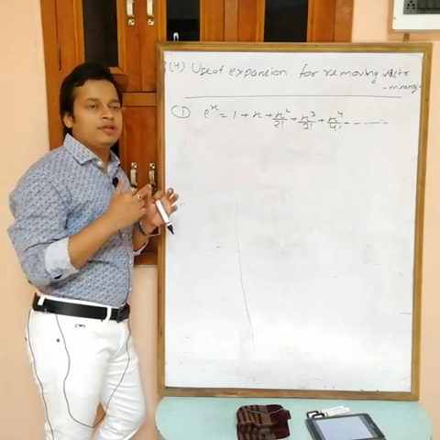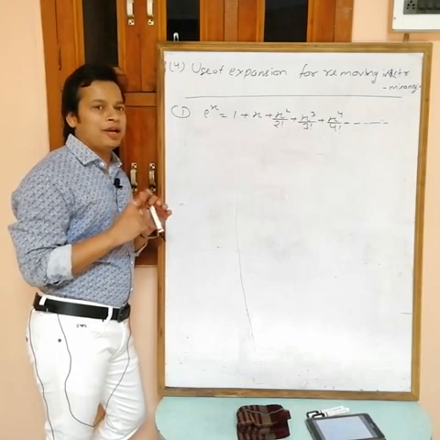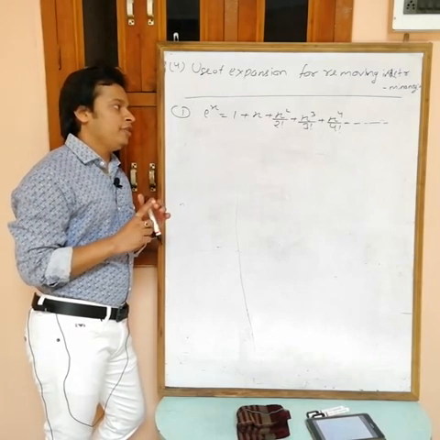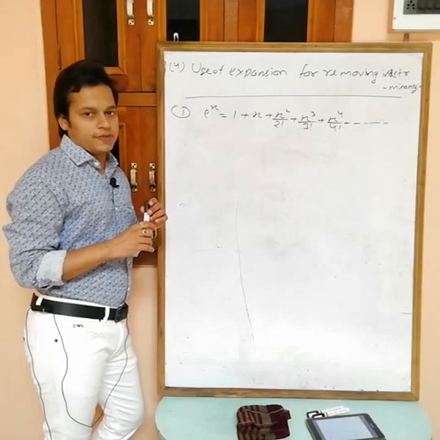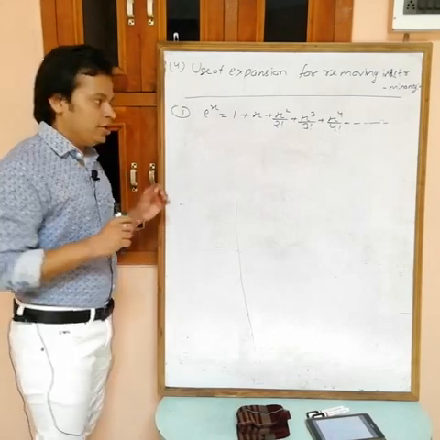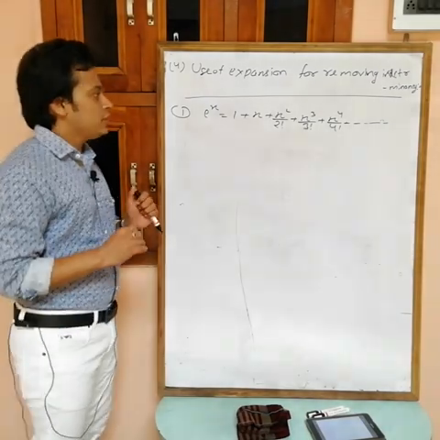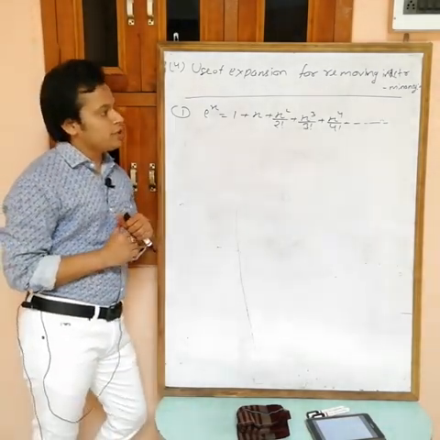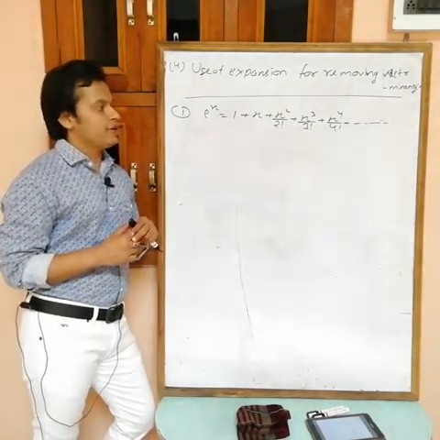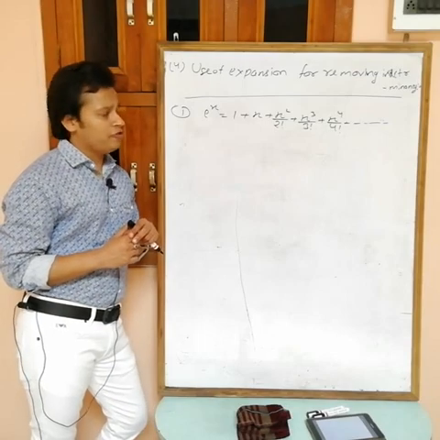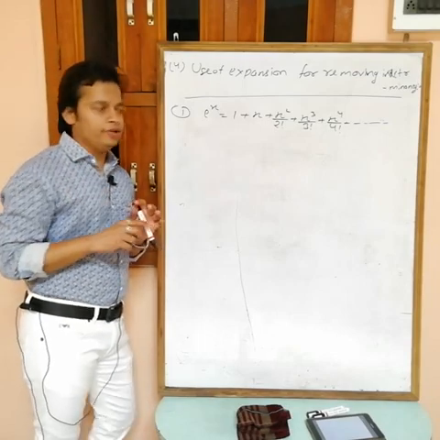In higher engineering you will get Taylor series and Maclaurin series, in which you will get the proof of these expansions, but at this time just directly learn. So e power x is equal to 1 plus x plus x square by 2 factorial, x cube by 3 factorial, x power 4 by 4 factorial up to infinity.